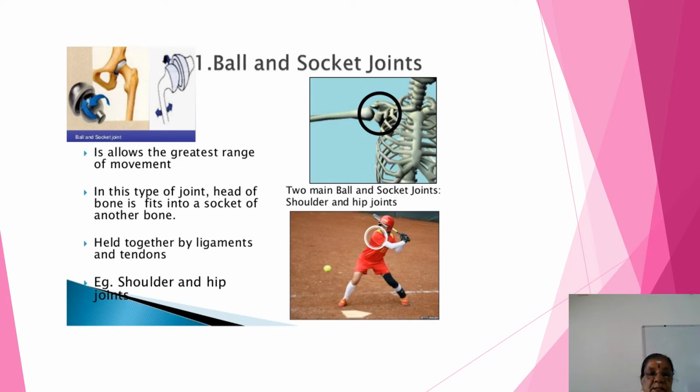So that is the ball and socket joint. They are held together by ligaments and tendons. I hope you understand. This is the first type of freely movable joint given in our textbook.